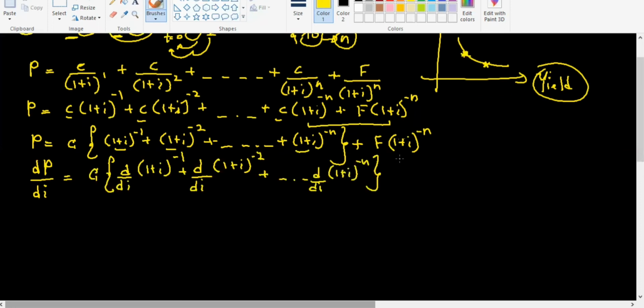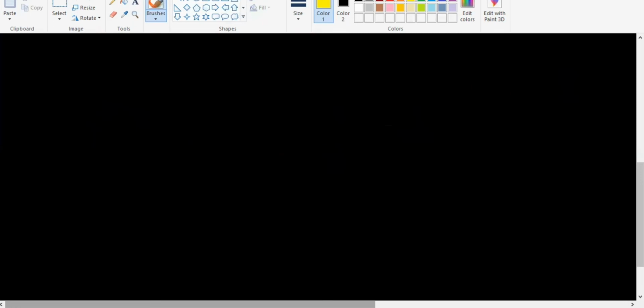And we have to differentiate this also. This F is a constant, we can take it out, and it's d over dI of (1 plus I)^-n, right? So this is the formula which we are getting.